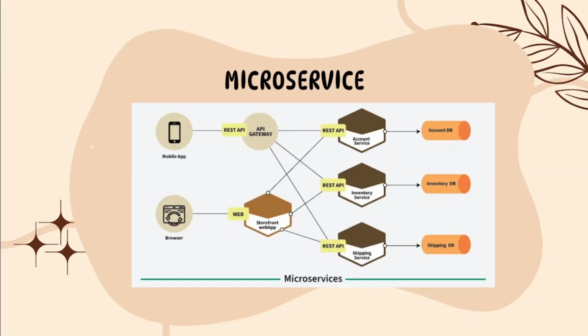In the monolithic, we have only a single database attached to our main project, and all the APIs call the same database. But in the microservice architecture, we have multiple projects, multiple repositories, each attached to a separate database. So this is the difference between monolithic and microservice.